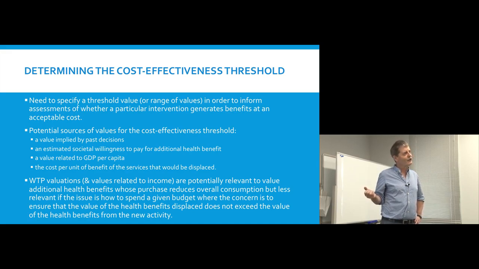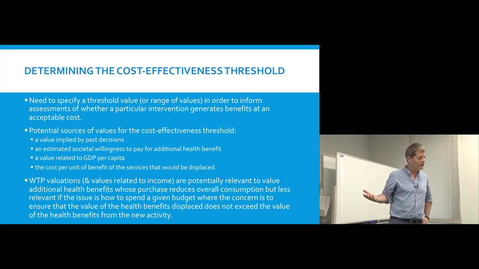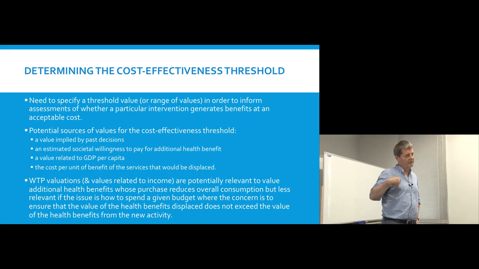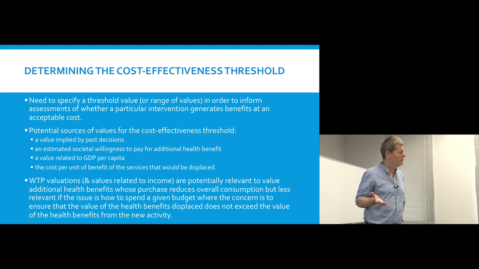It's unsatisfactory because just because in the past we made one decision or a series of decisions that implied a particular cost effectiveness threshold, that doesn't mean it's the right threshold. It doesn't mean it's the right threshold for the future.